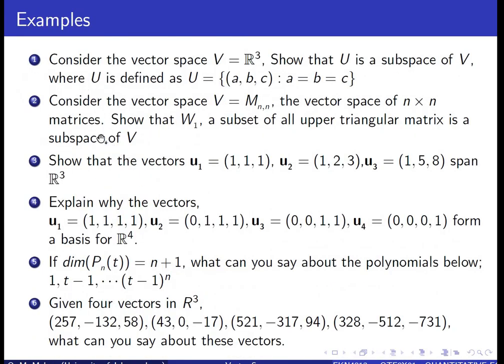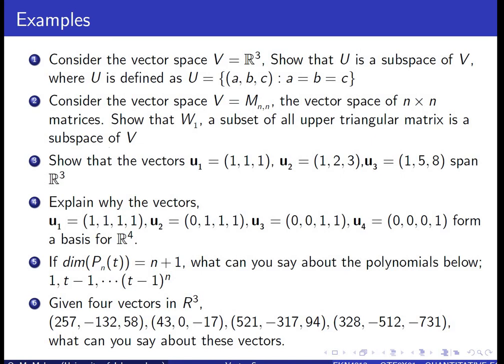And we also have a vector space here, number 2. A vector space V of n by n matrices. We need to show that W1, a subset of all upper triangular matrices, is a subspace of V, right?